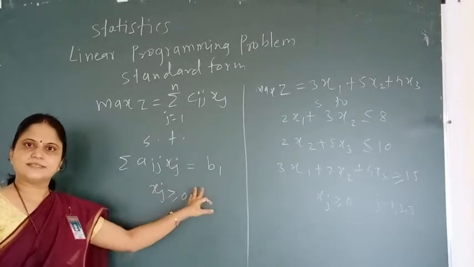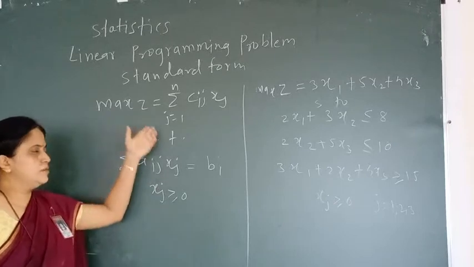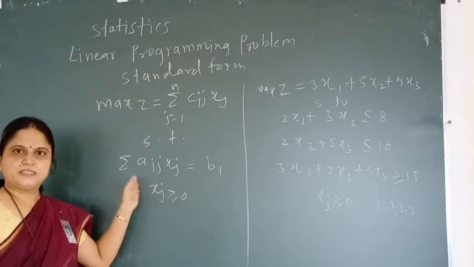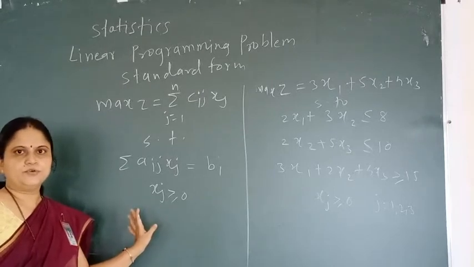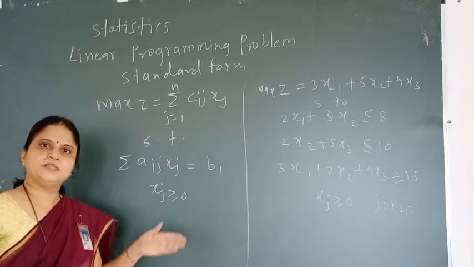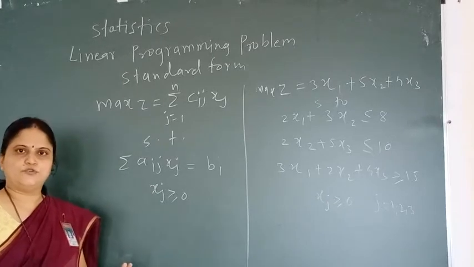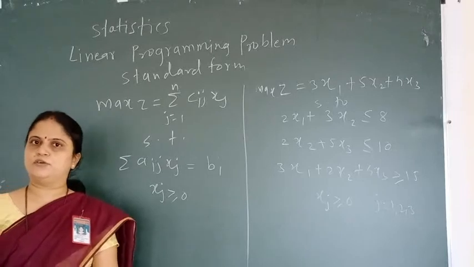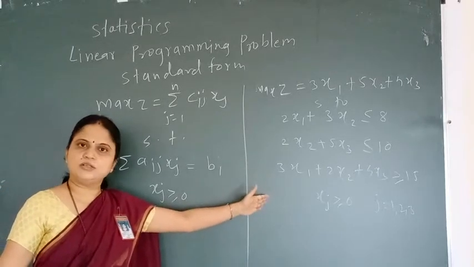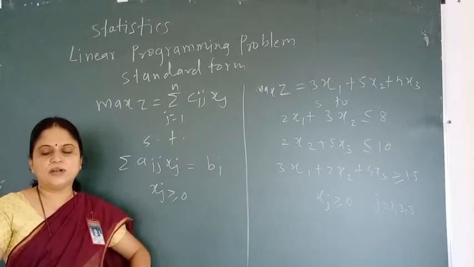Okay, so all the constraints are strictly equal to type. So if the general LPP is written in this form, then we call this form standard form. Okay, and we can solve our LPP in the standard form only, not in general or canonical form. We can convert all these forms to standard form so that we can solve our problem. So that means to solve this problem, I need to convert all my constraints to equal to type.